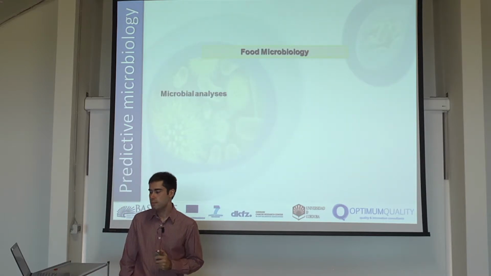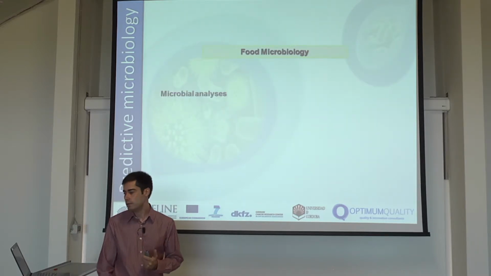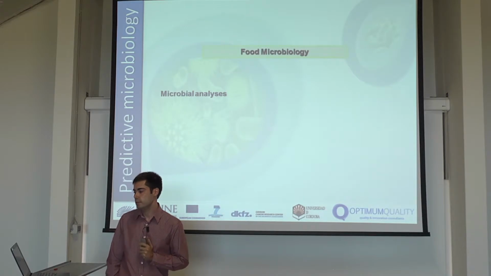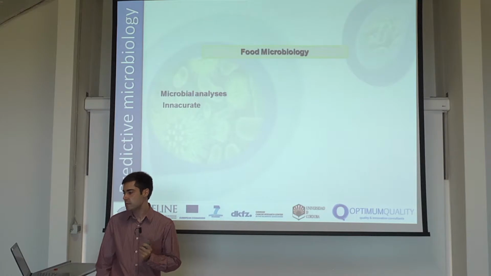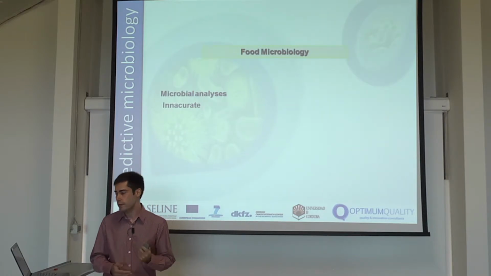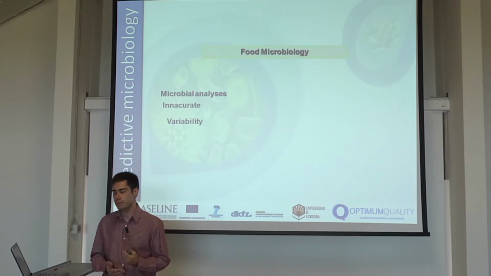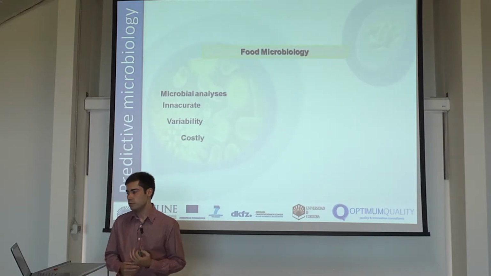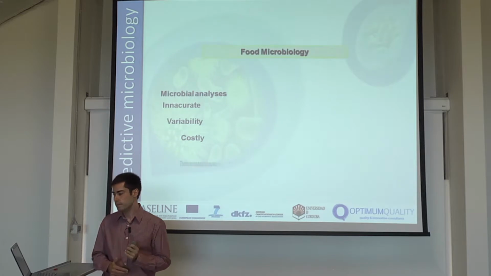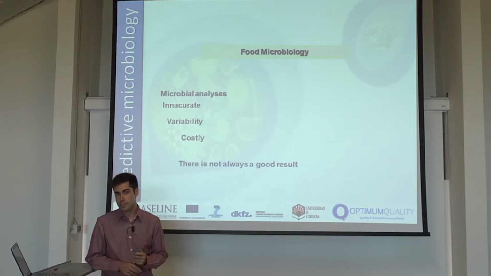In this sense, predictive microbiology is based on this hypothesis. For example, the microbiological analysis in many cases is inaccurate and also variable, which can lead to variable results. Also, these analyses are costly, and there is not always a good result.